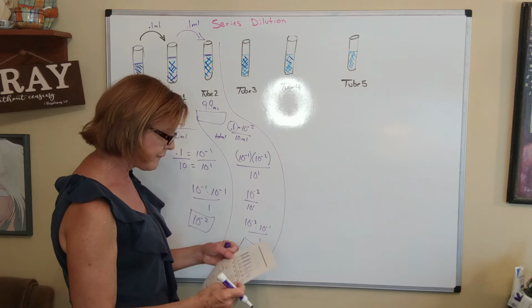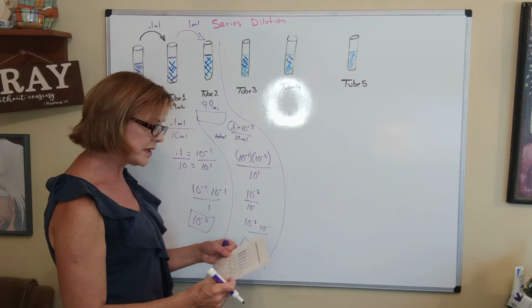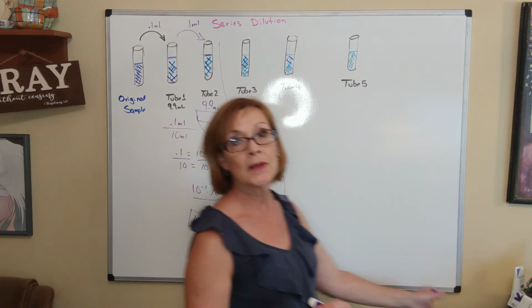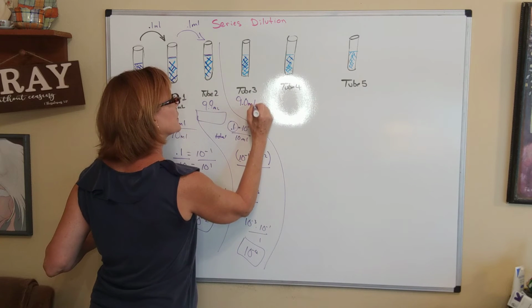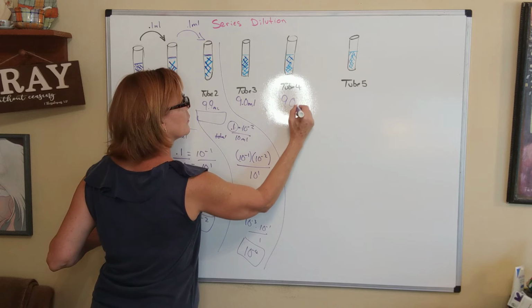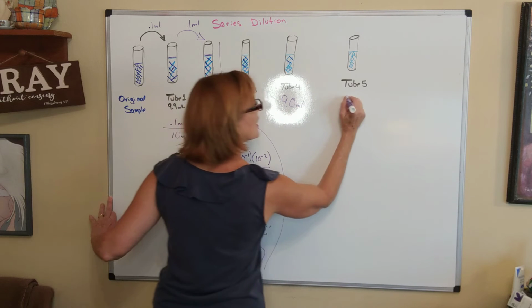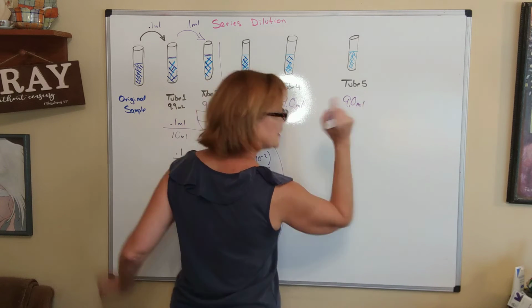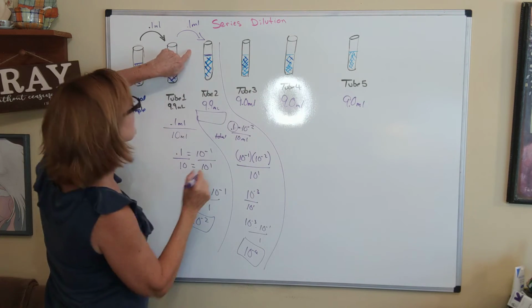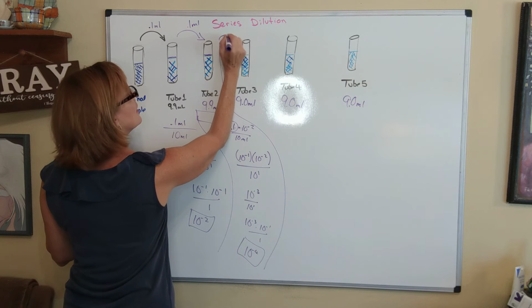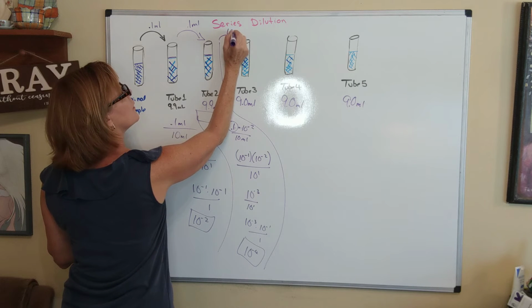For 3, 4, and 5, how did they do this? Oh, these only have 9 milliliters. So this has got 9.0 milliliters, 9.0 milliliters, 9.0 milliliters. But this time, they're going to add not 0.1 milliliters, but 1.0 milliliter.